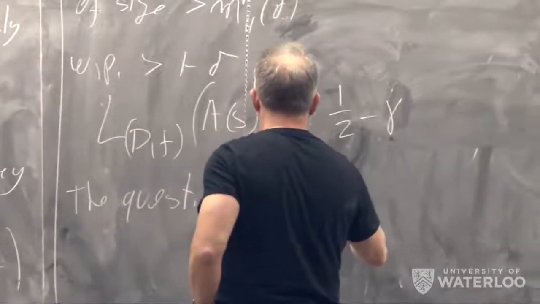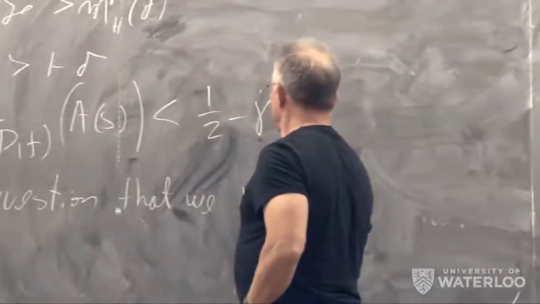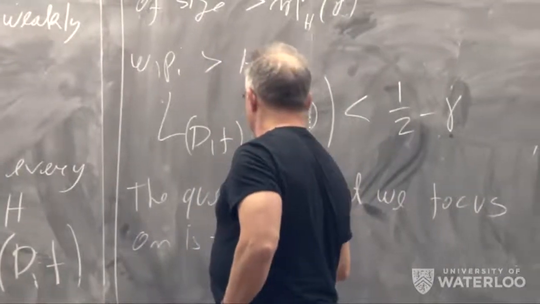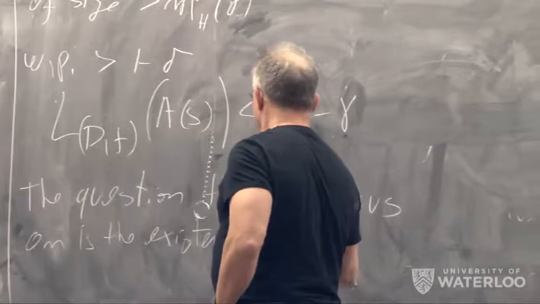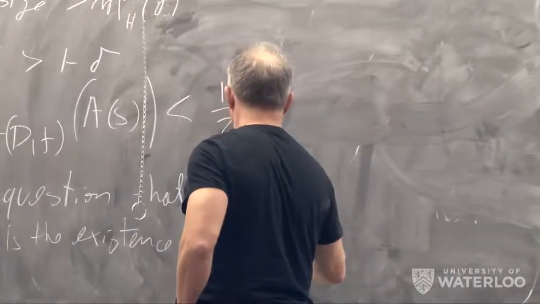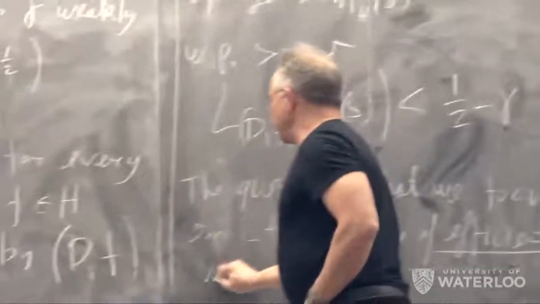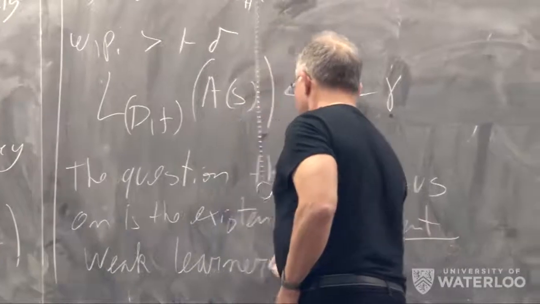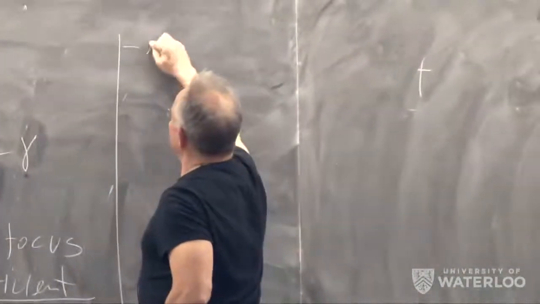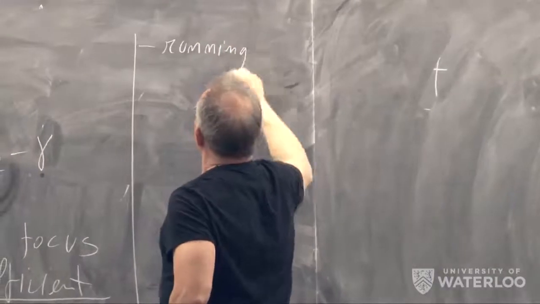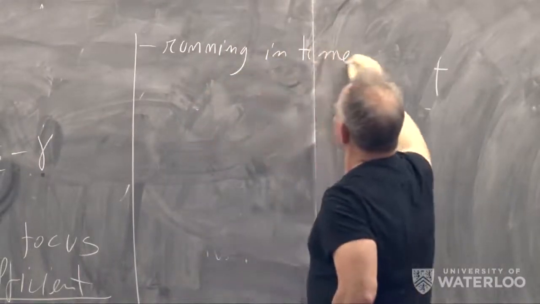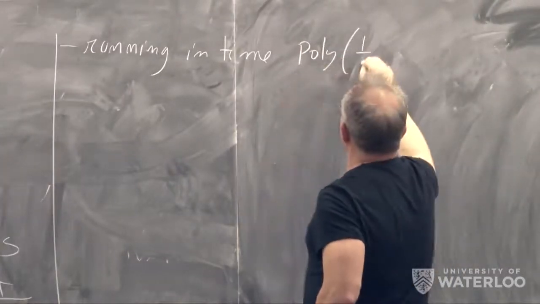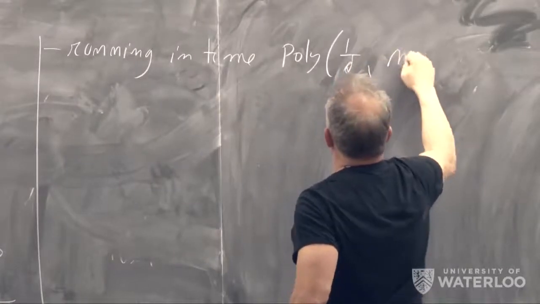that we focus on is the existence of efficient weak learners, that is, running in time polynomial in 1 over delta and some complexity parameter.